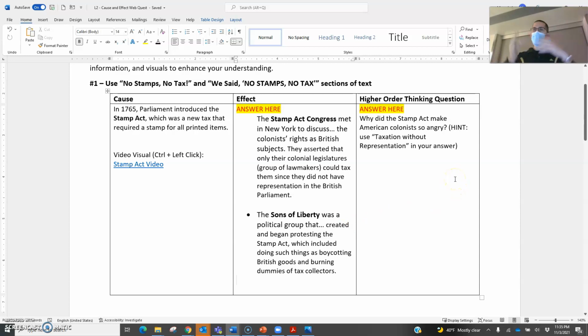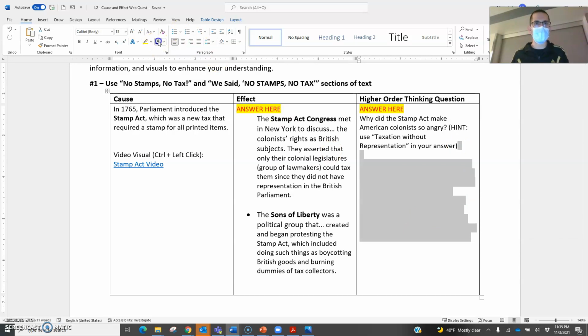So now that I know what the cause and effect is here, I need to answer this higher order thinking question: why did the Stamp Act make American colonists so angry? Over here it says, hint, use taxation without representation, or some form of that, in our answer. So let's see, what is our answer?